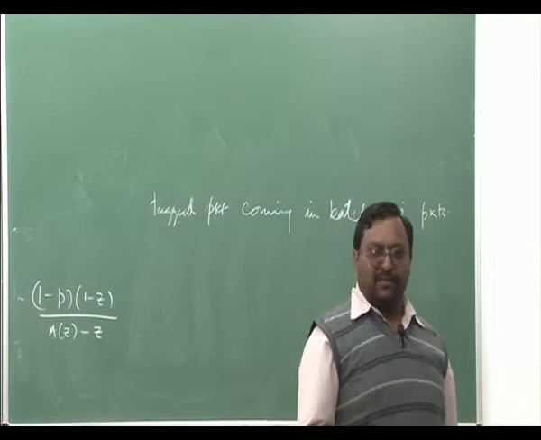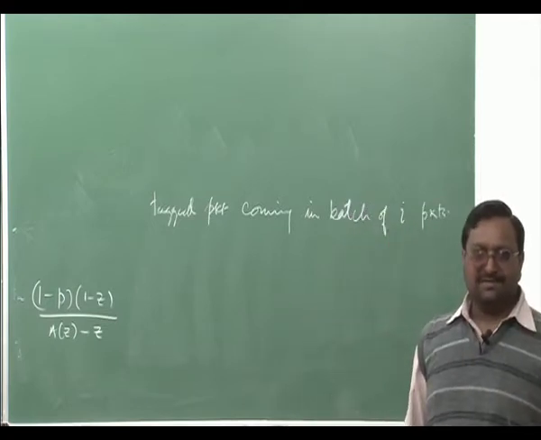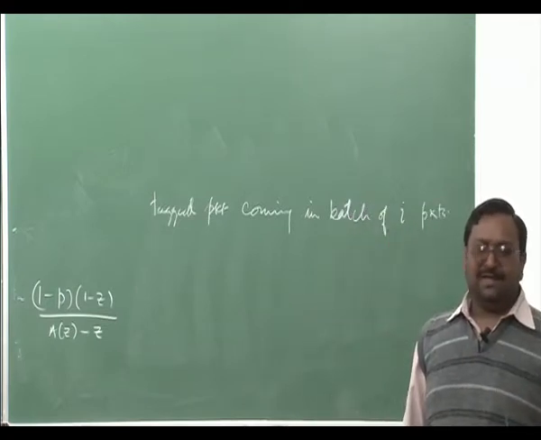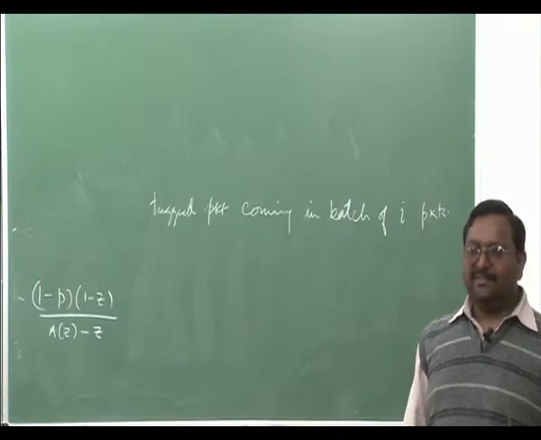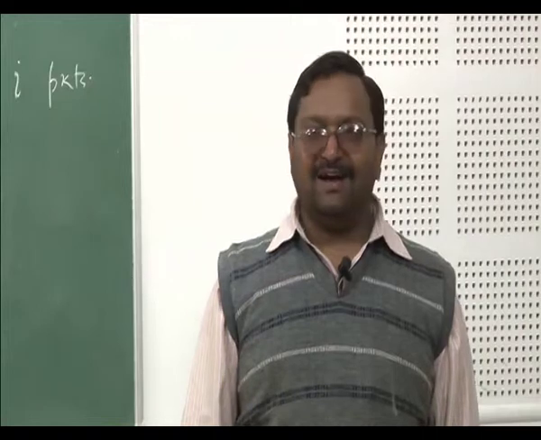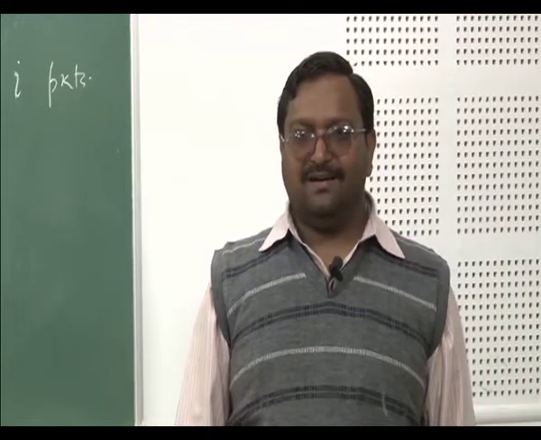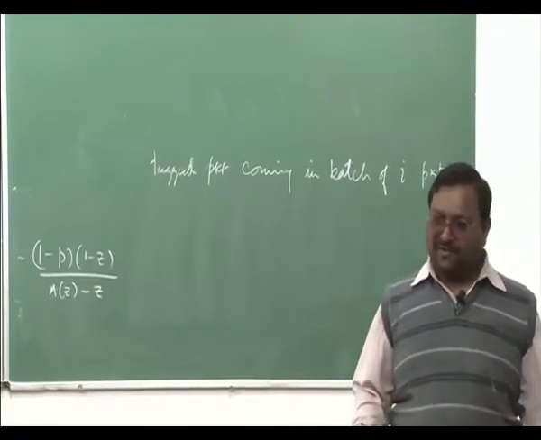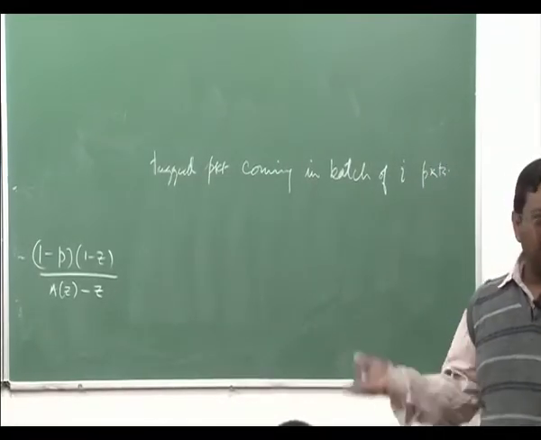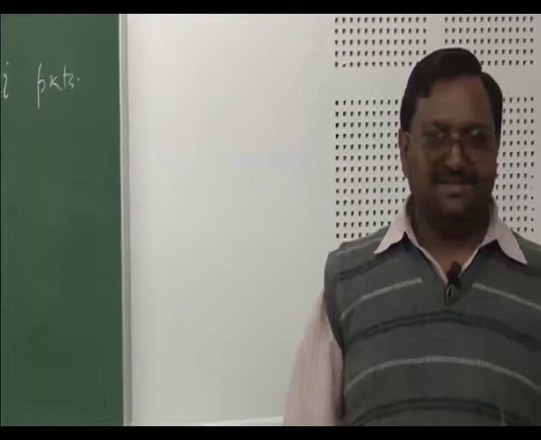So, the tagged packet must be coming from one of the ports, and this port cannot send another packet. So, the remaining n minus 1 packets must have sent what we call the remaining I minus 1 packets to this particular device.